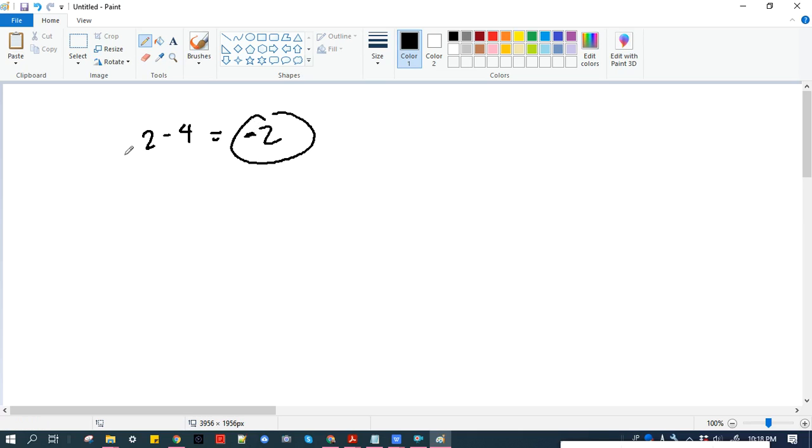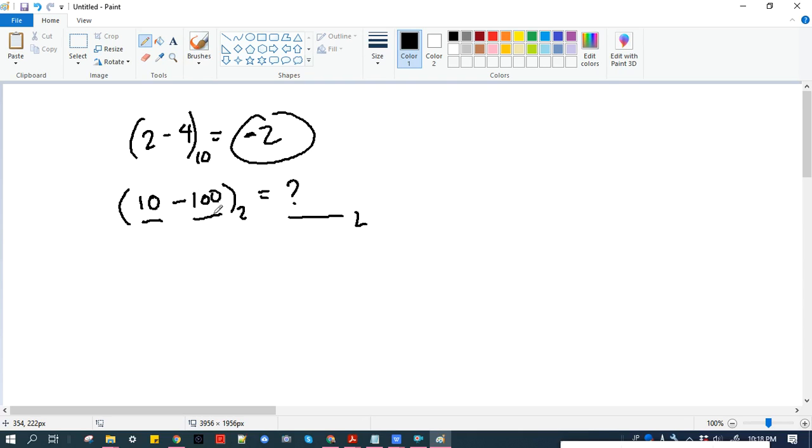How are we going to implement this in binary? The binary equivalent of 2 is 10, minus, let's write the base 10, 2 is 10, 4 is 100, base 2. What would be the result in binary? 10 minus 100, our subtrahend is larger than our minuend.